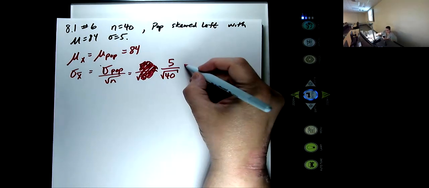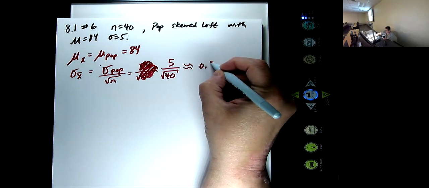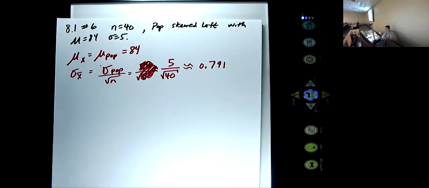To 3 decimal places, this is 0.791. All right, so we'll throw that into our answers.